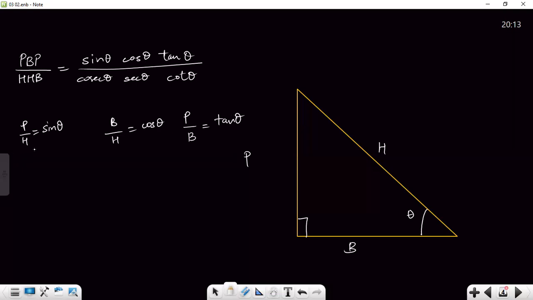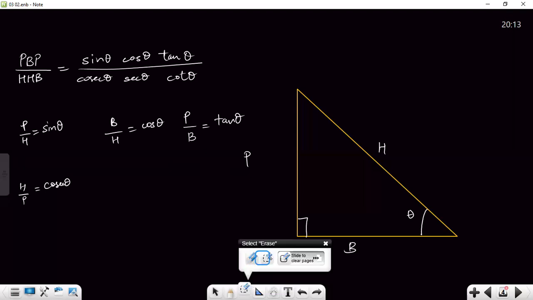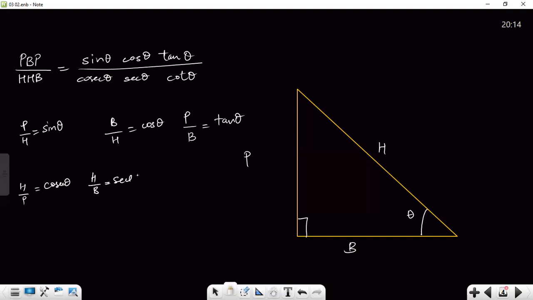And as we know, cosec theta is just the multiplicative inverse of sine theta, H by P. They are also not that important, self-explanatory, but let me write. Hypotenuse upon base will be sec theta.